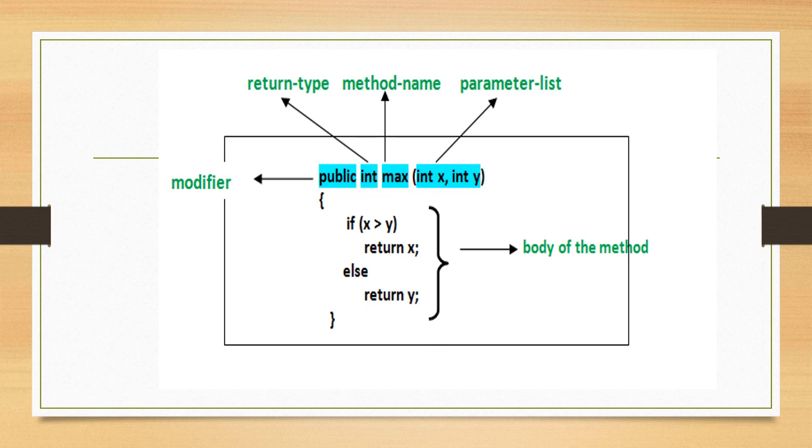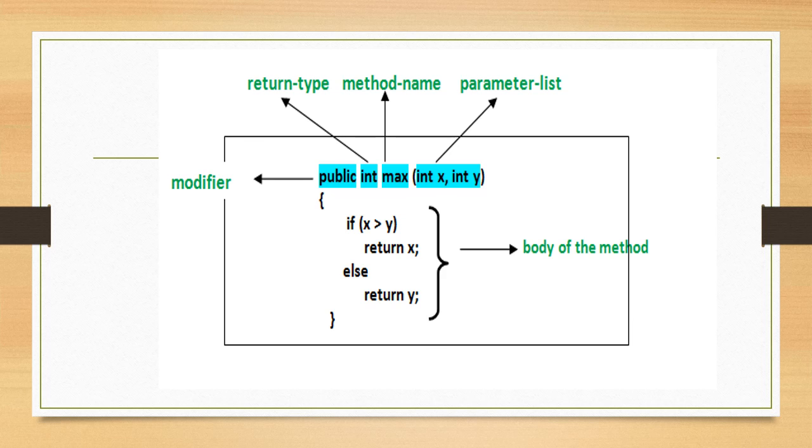You can see this with the help of this diagram also, like this example. Public is the modifier name. int is the return type. That means the function max will return a value which is of integer data type.